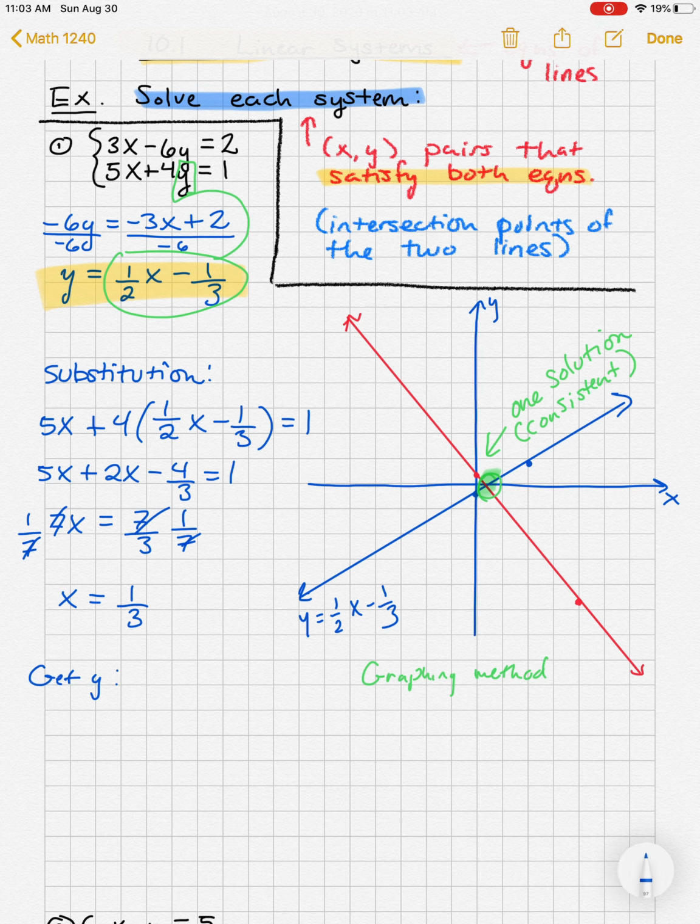So I need to take that x value. I should be able to plug that into either equation, and I should get the same value since this is supposed to be a point that the two lines have in common.